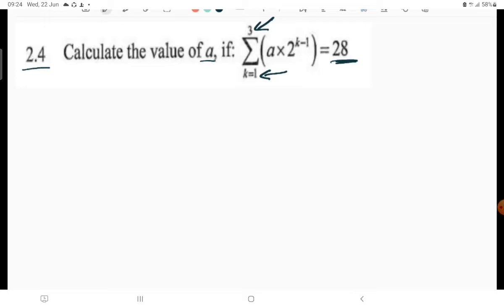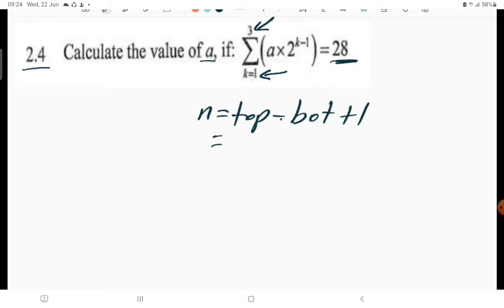To find the number of terms, you say the number of terms, which is n, is equal to the number on top minus the number below, and then therefore we always plus 1. So this is the formula that we use to find the number of terms.